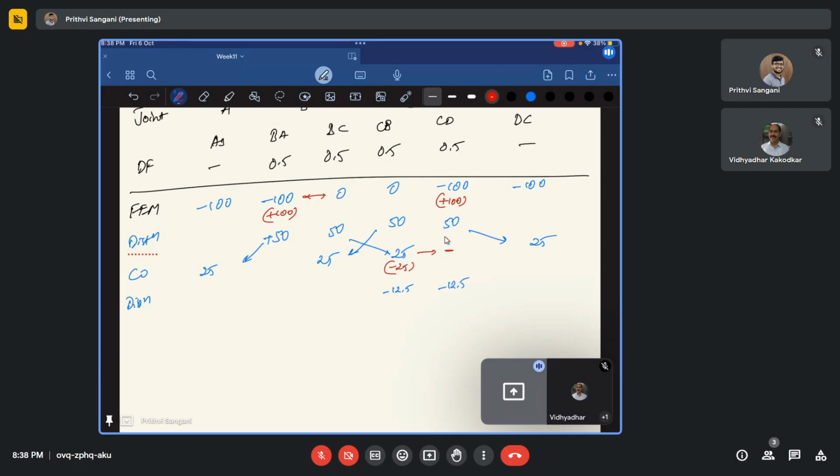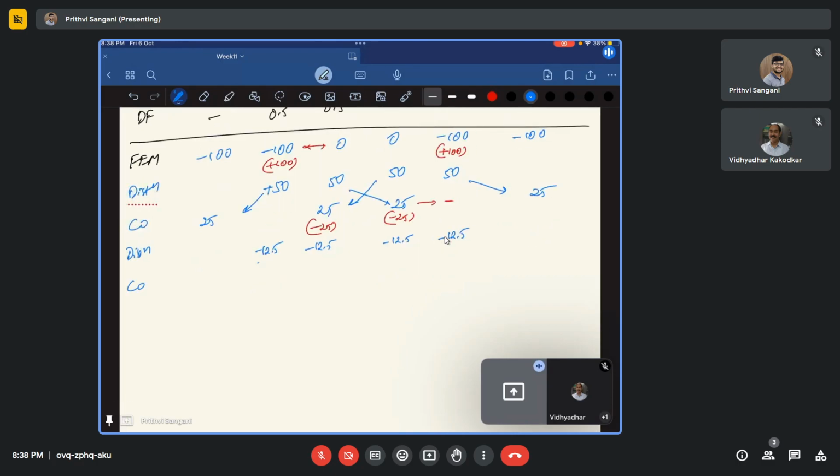At BC the net moment is again 25, and this divides as minus 12.5 and minus 12.5. So you again have carryover. This will be carried over as minus 6.25, this as minus 6.25, this as minus 6.25, and this as minus 6.25.